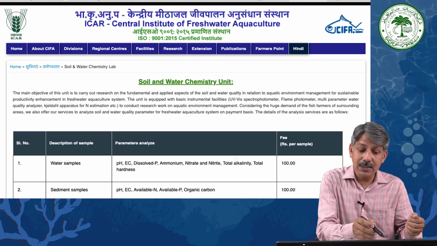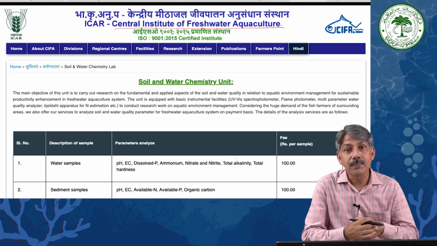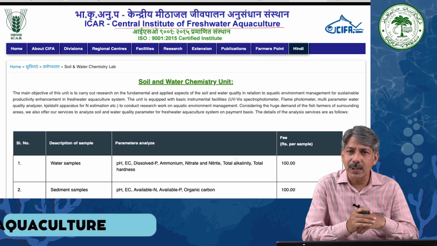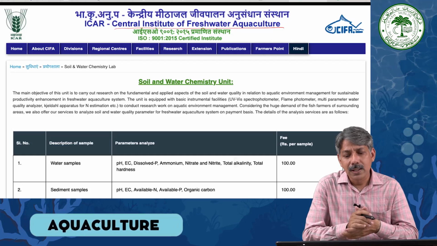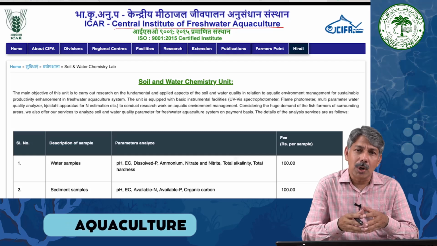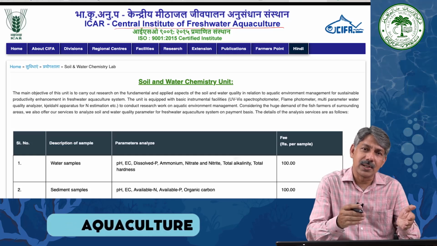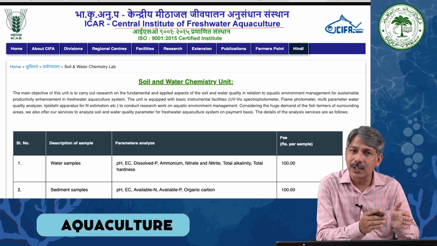So CIFA, I told you regarding this institute also, Central Institute of Freshwater Aquaculture, that again plays a very important role. You just visit the websites of any of the institutes that I have explained earlier, and approach them with your problem, that okay, I am going to start aquaculture in this region, I am going to construct a pond like this, and I am going to have the water source from this.